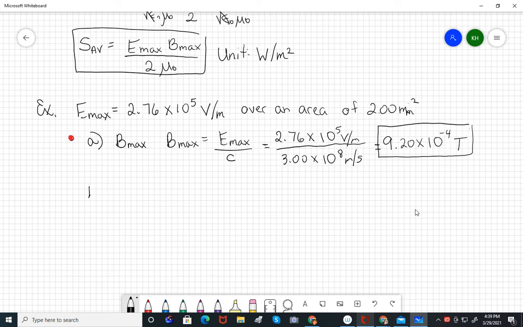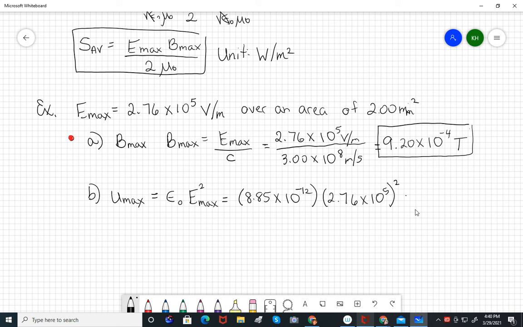The second thing they ask us to find is the maximum energy density. Well, the maximum energy density is epsilon naught E squared. So if we want the maximum, then we use the maximum value of the electric field. Epsilon naught is 8.85 times 10 to the negative 12, times 2.76 times 10 to the 5th, squared.